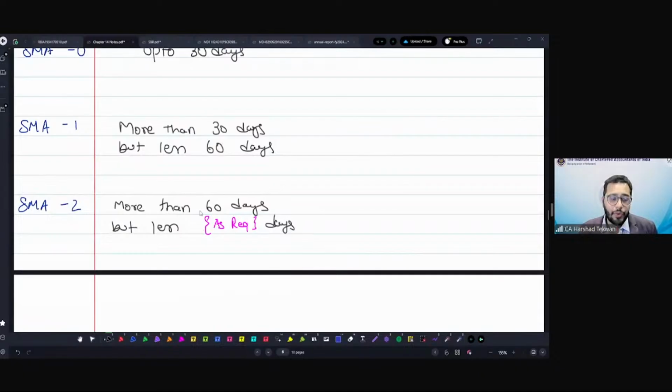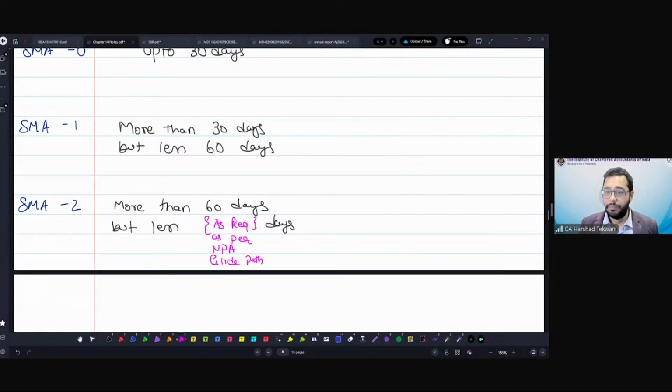As on 31st March 2025, this as required as per the gliding path will be here. Whatever day it will be counted as an NPA, that day will come here, as required as per the NPA glide path.